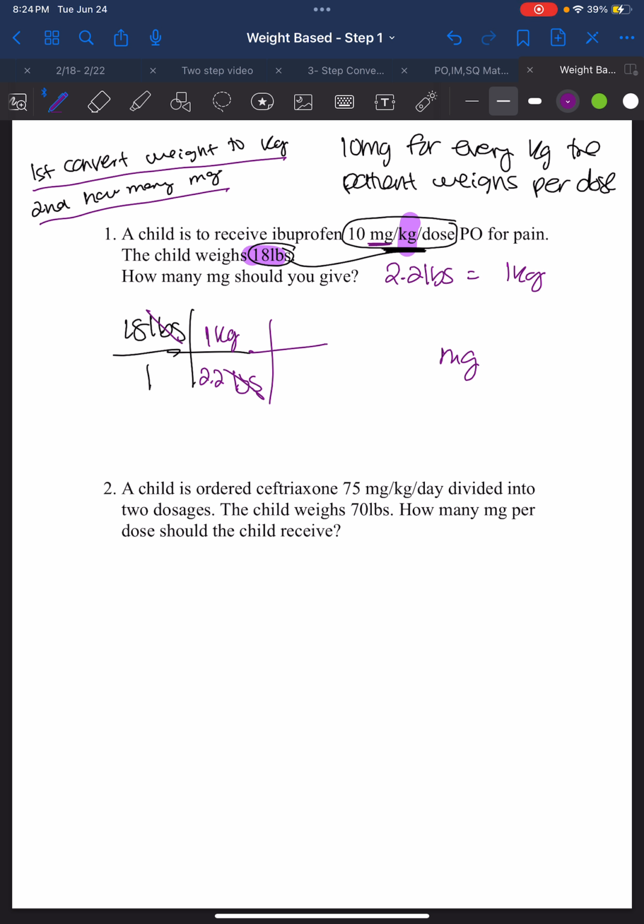So you can say that 10 milligrams equals 1 kilogram. It's our second conversion factor. And we know kilograms has to go on the bottom because we want to cancel it out. So we're going to put 1 kilogram on the bottom and 10 milligrams on the top. And that is going to allow kilograms to cancel out and end up in milligrams, which is what we wanted all along.